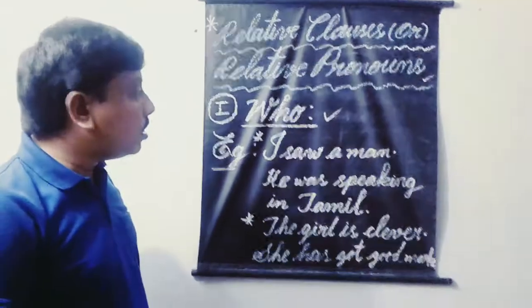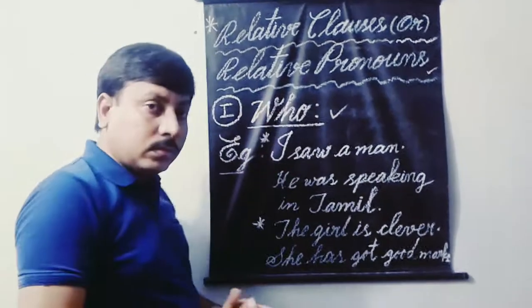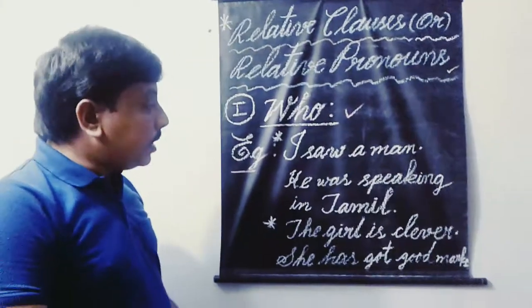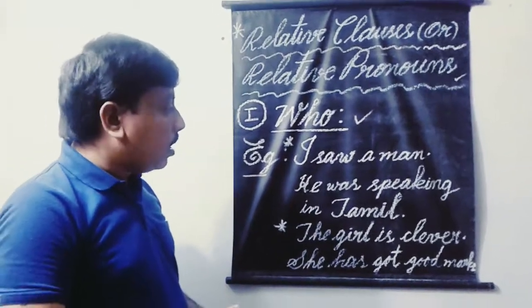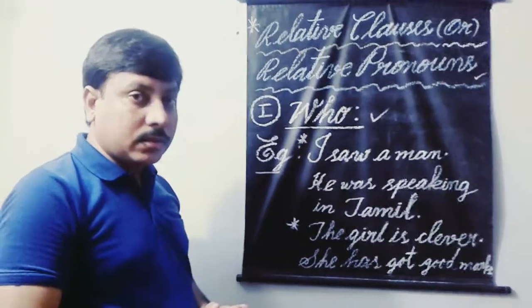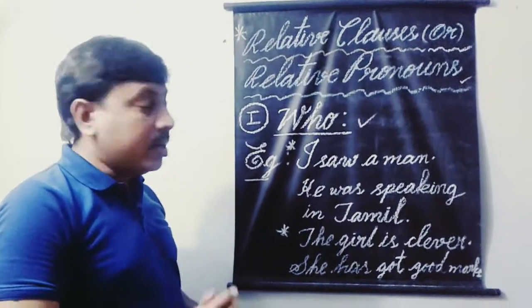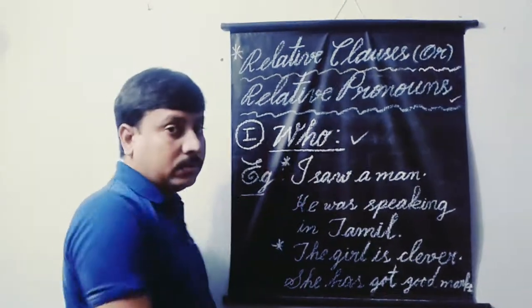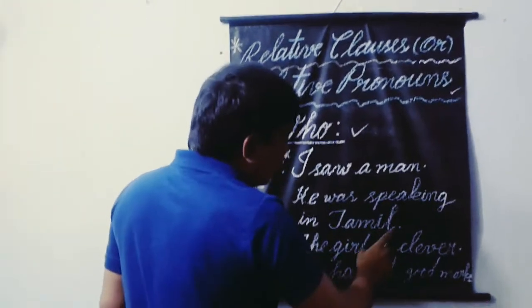Here we used the relative pronoun who in order to give extra information about the subject, about the person who is in the place of subject. I saw a man, he was speaking in Tamil.